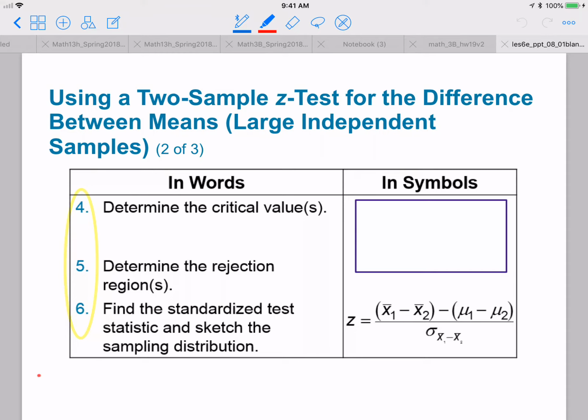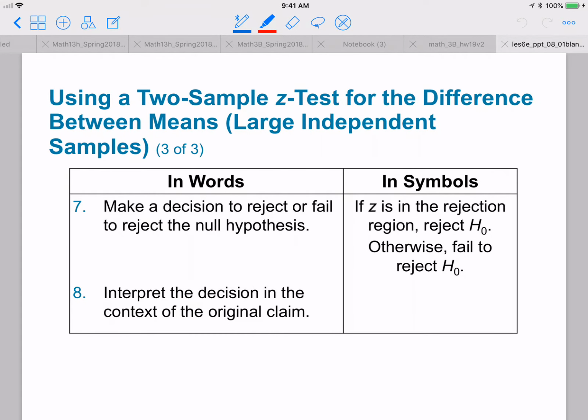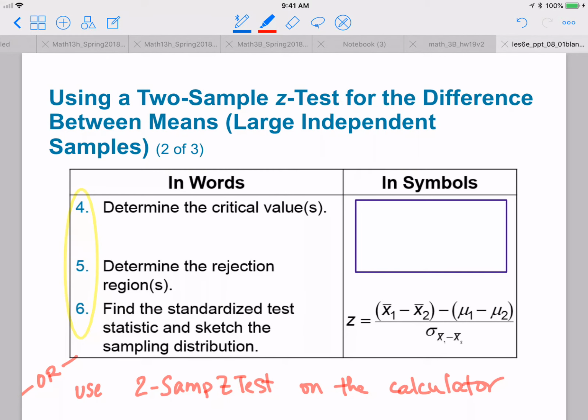Otherwise, we will use technology. Not one prop, we're working with 2 samples, right? So we'll be using 2 samp z test on the calculator. Okay, and then either way, either method will give us a result.